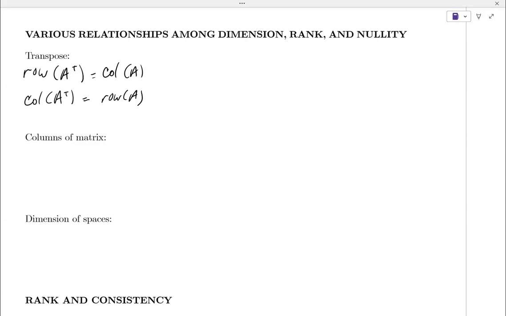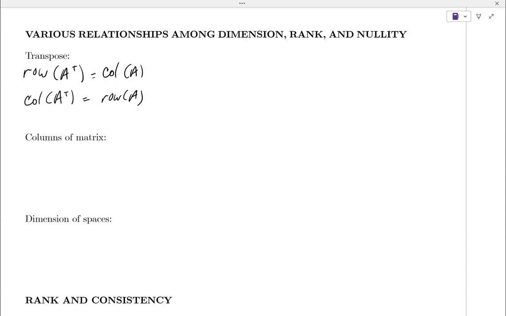But remember that the rank of the original matrix tells you the dimension of the row space and the dimension of the column space, and they're equal to each other, right? If the dimensions of the column space and the row space of the original are the same, what can I say about the dimensions of the row space and the column space of the transpose? Those are also the same, right?